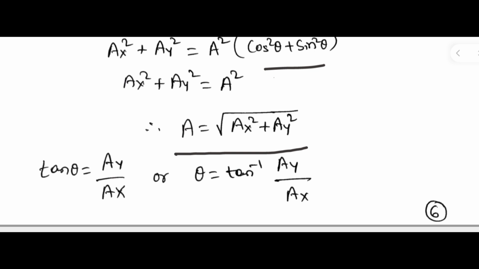Shifting tan to the other side, theta equals tan inverse of Ay by Ax.